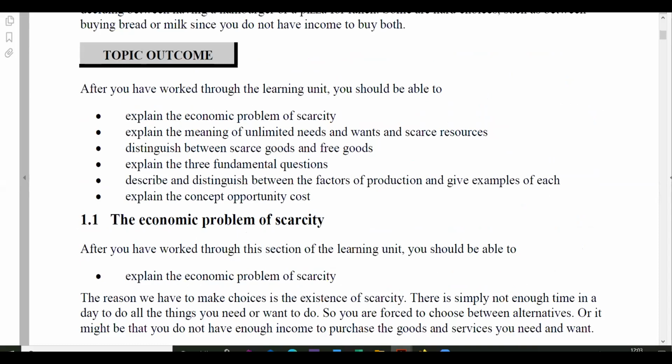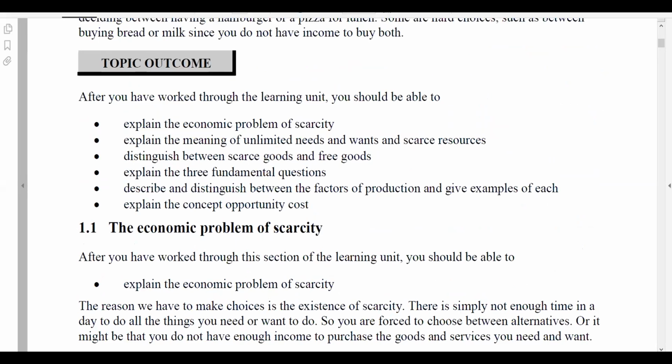So we also want to move on to the fundamental questions. Explain the 3 fundamental questions. We have mentioned choices that are made. Once a choice has been made, or in the process of making it, there are 3 questions which are asked.